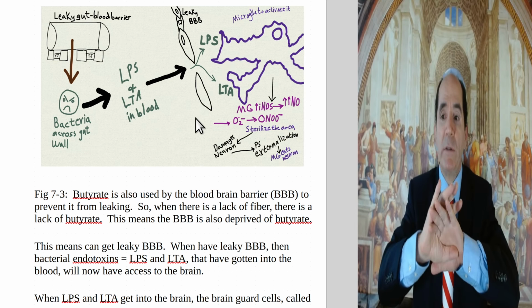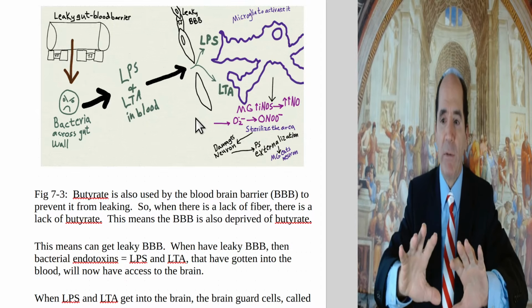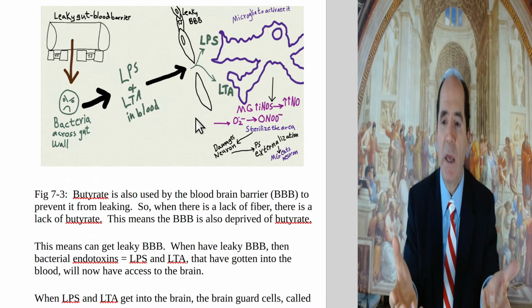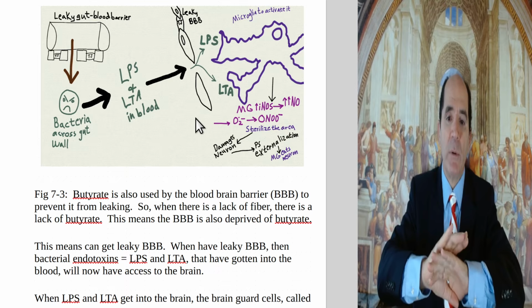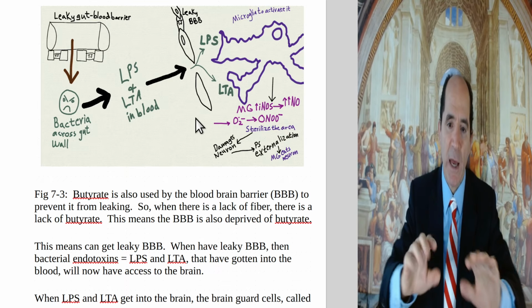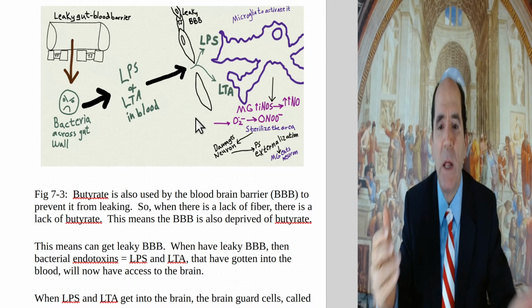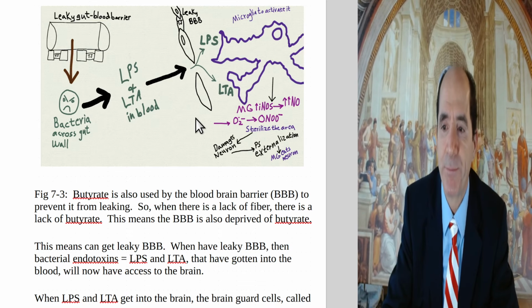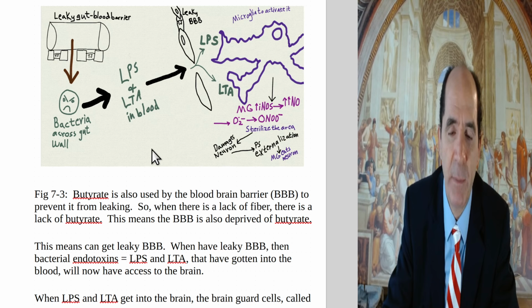And when the brain guard cells, macrophages, bind to it, they feel everything like Braille. And once they feel something that doesn't belong there, they know this indicates bacterial invasion. So they sense that there's incoming bacteria. So they release a bunch of toxic chemicals to sterilize the area. And the relevance being, this could cause a little bit of inflammation of the outer surface of the brain, and that can cause some brain fog. You don't want that. Makes you stupider.